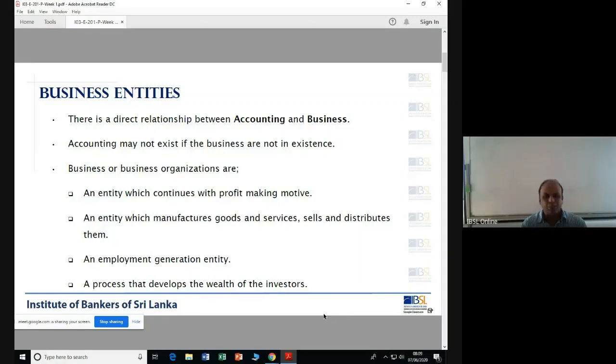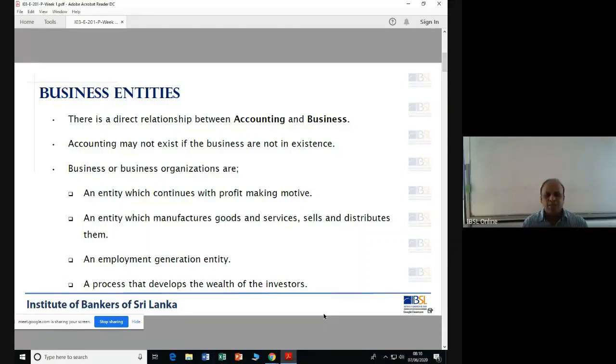So the business performance is evaluated by way of the function called accounting, and the output of accounting is what makes the business more prominent. As a result, accounting may not exist if businesses are not there. So businesses have become more and more important to support the course of accounting.